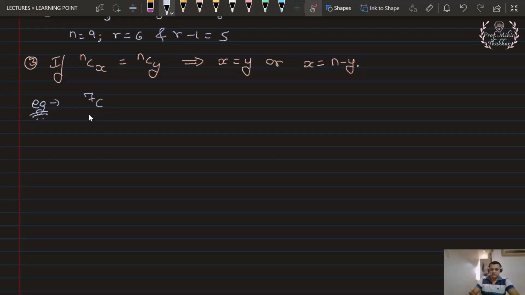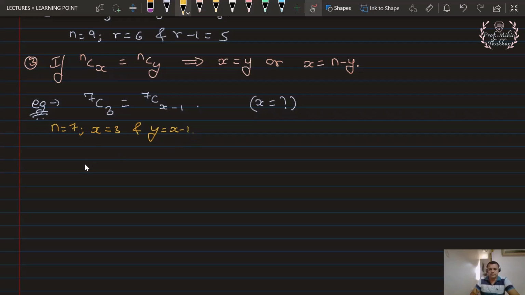If you are told that 7C3 is equal to 7C(x minus 1), and the question tells you to find the value of x, then I have to apply this property by saying that n is equal to 7, x is equal to 3 and y is actually over here, x minus 1.